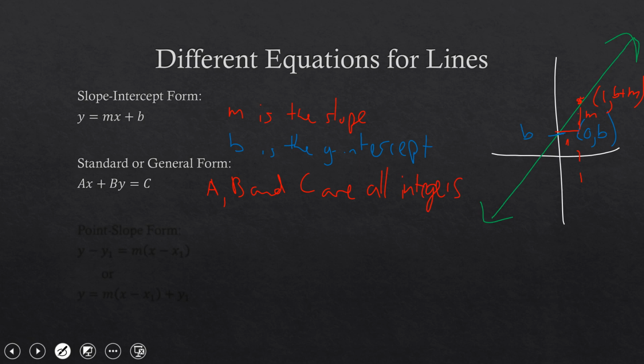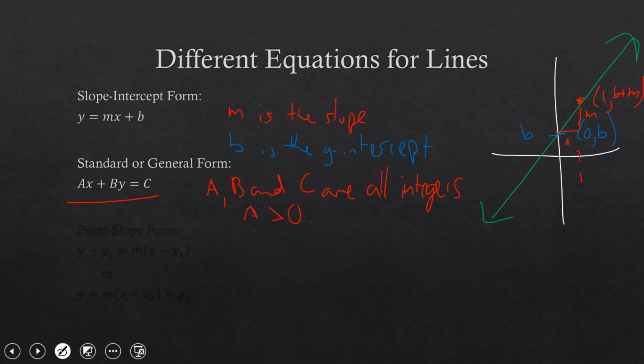This doesn't always work, because you can have lines that don't have nice whole numbers, but in most cases we're going to be dealing with just integers or fractional slopes, in which case we can always find a, b, and c to be integers. And there's one last condition. This is a choice: that our a value is positive. Because if a is negative, we can always multiply the whole equation by -1, and that will change a to be a positive number.